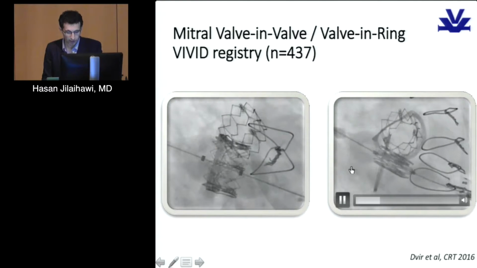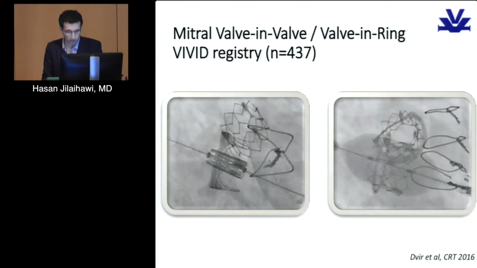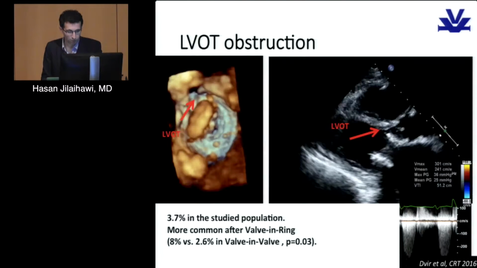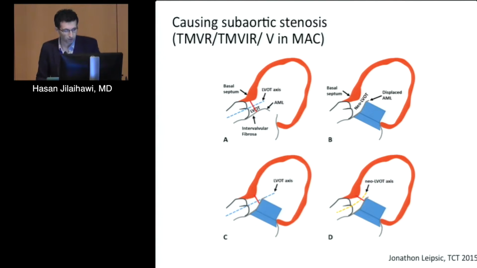So a lot of the concepts of LVOT obstruction are relevant to many of these new prosthesis in mitral position procedures. In Danny DeVere's registry so far, we saw 8% LVOT obstruction, which was statistically more than in valve in valve. This can be preempted with CT and cases selected accordingly.